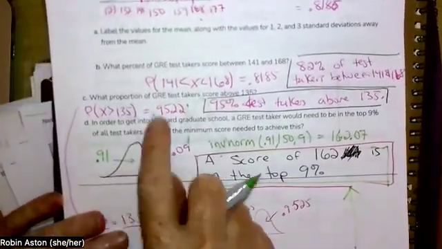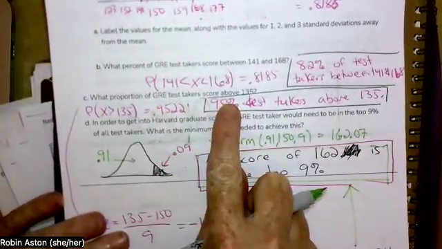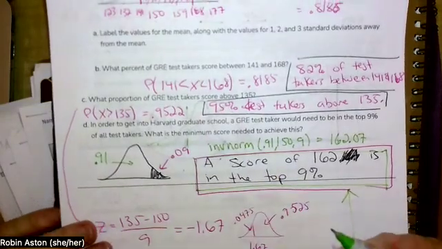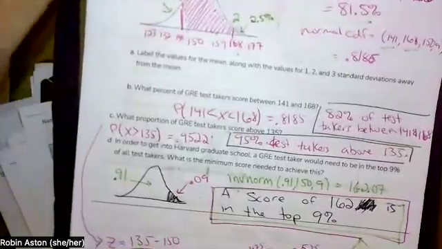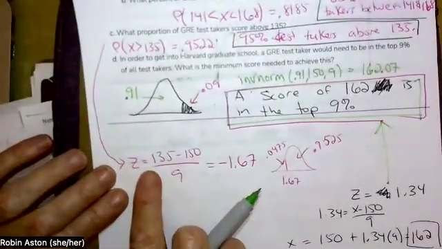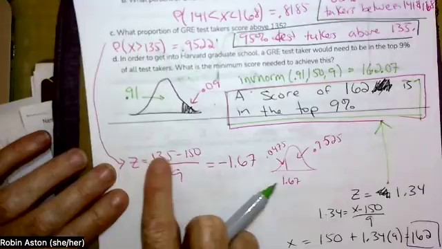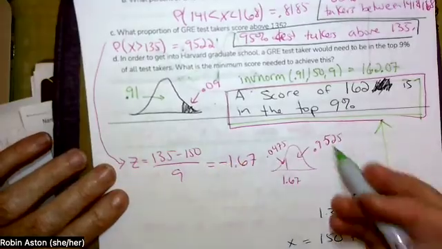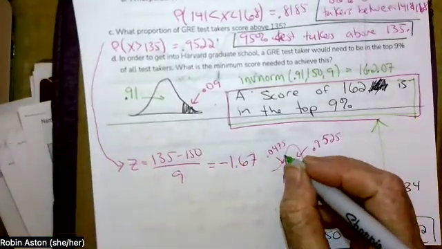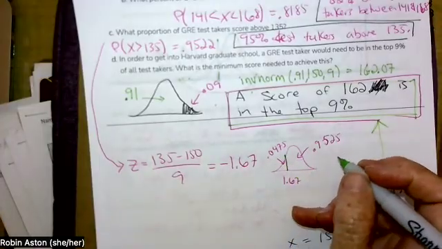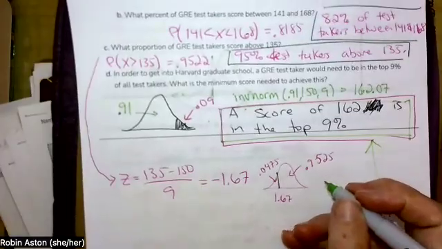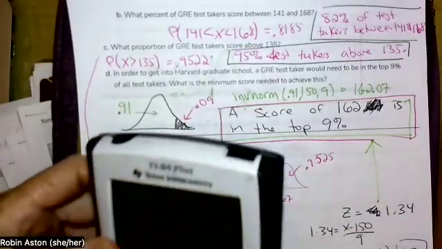For the next one, it wanted greater than 135, and for this one I showed the work down here. If you're using a z-score, for 135 I subtracted and got a z-score of -1.67. When I looked it up on the table, down here was 0.0475, so up above is 0.9525.